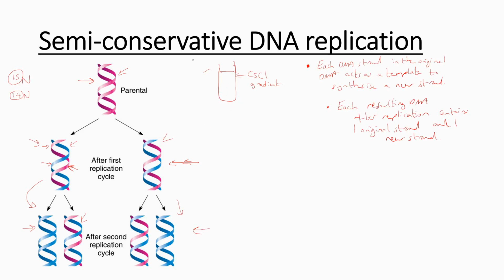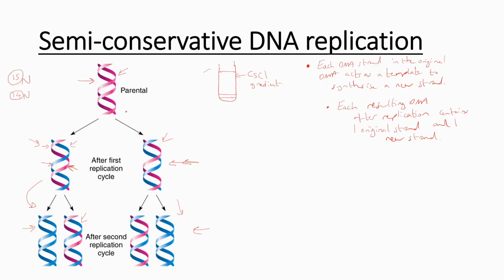If we now add the DNA onto the top of this tube, we centrifuge it in a very fast centrifuge called an ultracentrifuge. The DNA will move down and it will stop when it encounters a solution of equal density. So this DNA, which is N15, when you centrifuge it, it'll move down right to the bottom because it's heavy.